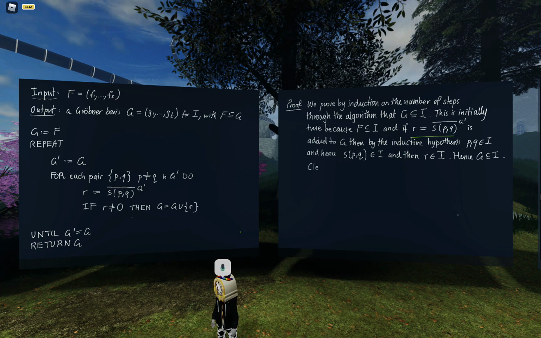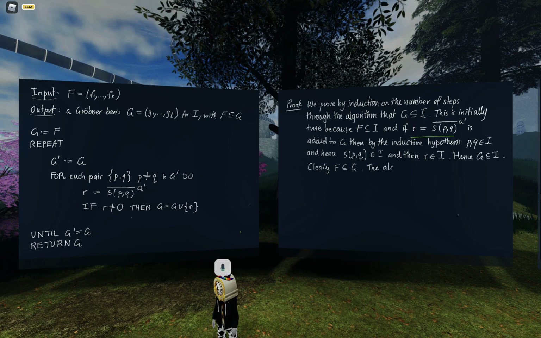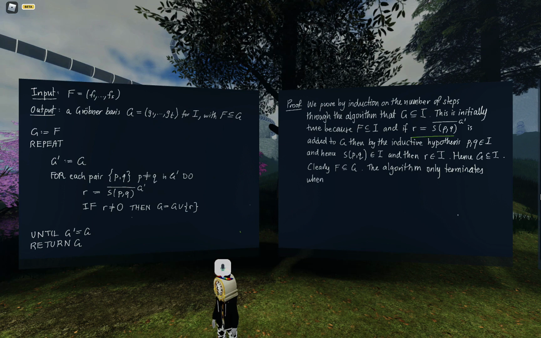Clearly, the way it's constructed, F is a subset of G because we just keep adding things to the initial G, and the initial G is F. Now note that the algorithm only terminates when G is equal to G prime.